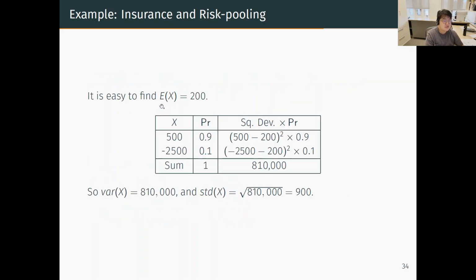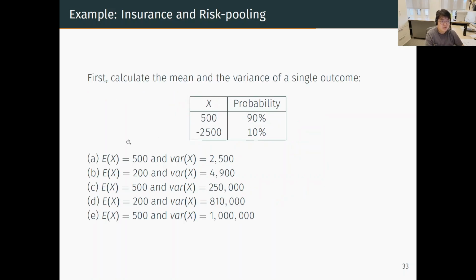You can find the mean is $200. To calculate the mean, you have to calculate probability weighted outcomes, just to remind you what we did in chapter 3. Probability weighted outcomes as a new column and sum them. That is your mean. And variance was a little more complicated.